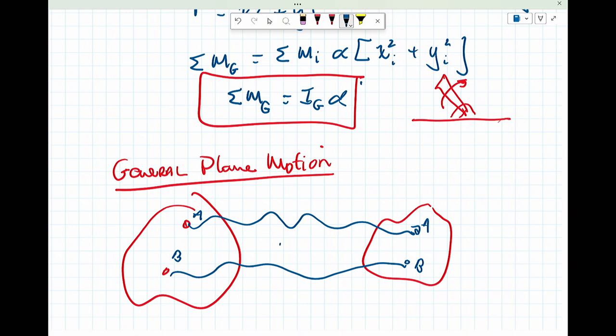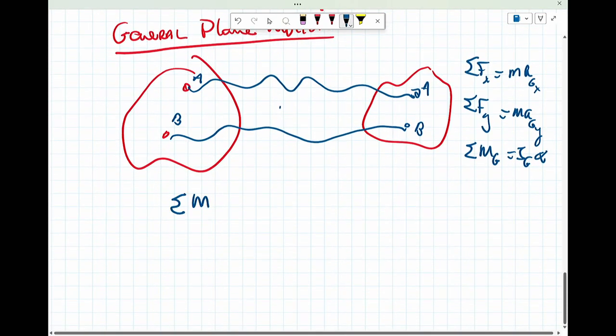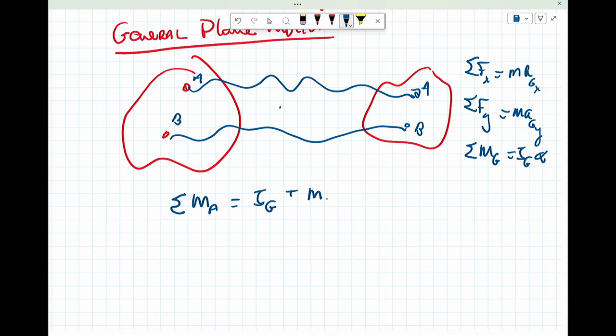So sum of forces in x is m a_gx. Sum of forces in y equals m a_gy. And sum of moments about G equals I_G alpha. Sum of moments about some arbitrary point A is I_G plus m a times L over 2.